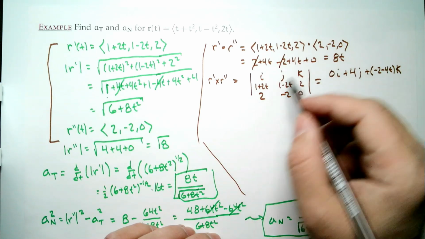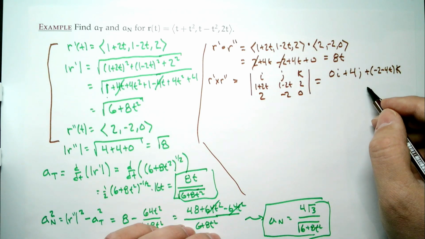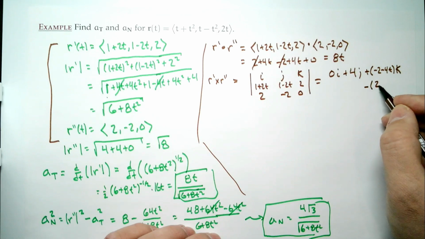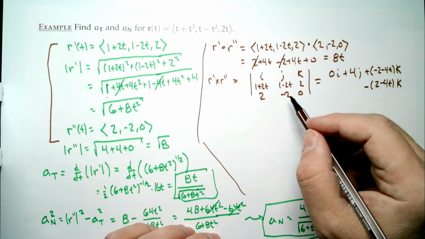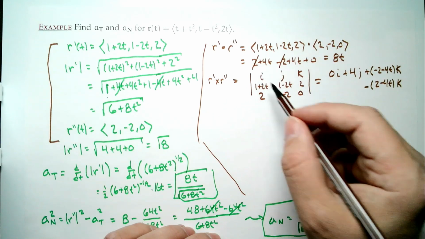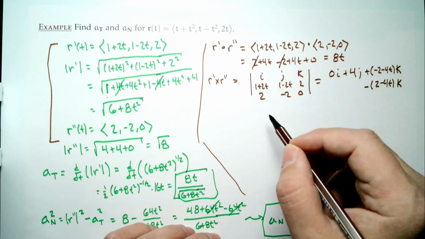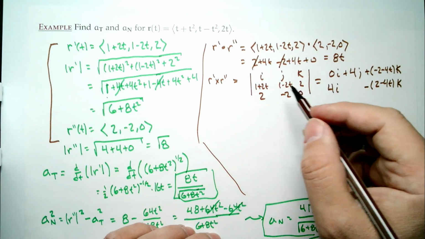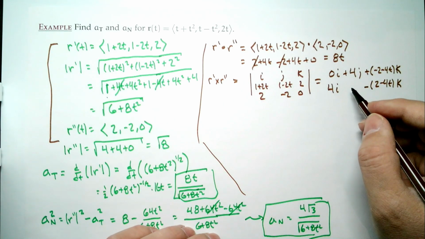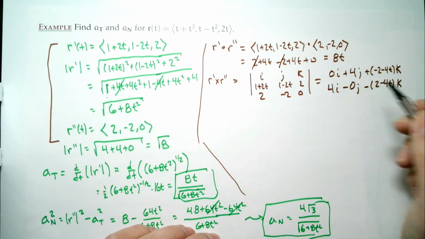But I went up, so that's like subtracting. So I'm going to write this as minus 2 minus 4t, k. Good. Minus 2, 2i. So that's minus 4i, but we went up, so we subtract, so it becomes a plus 4i. And then 0, 1 plus 2t, j. That's 0j. We went up, so we subtracted.